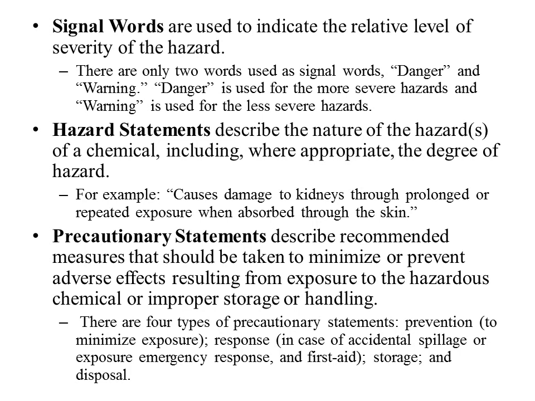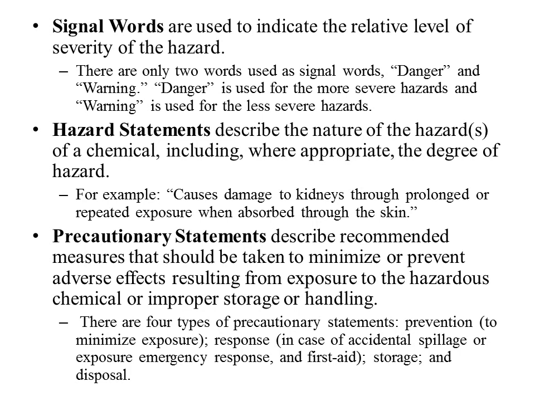Next, we have the hazard statements. This hazard statement describes the nature of the hazard, meaning what happens if the chemical inside the container accidentally gets spilled, what effect it has.